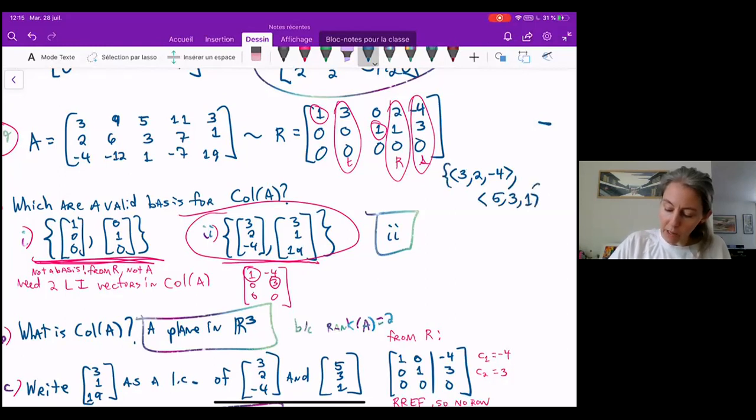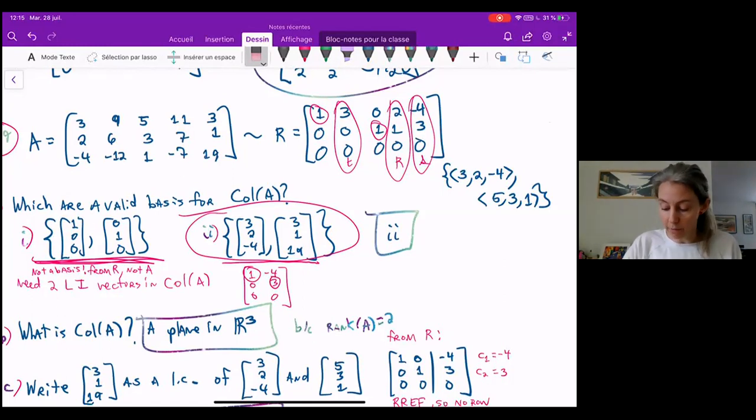But a lot of times I ask you to find another basis for the column space. This basis has 2 vectors in it, and those 2 vectors are linearly independent. They have 2 pivots. So you just need to find any 2 vectors that have 2 pivots, and that will act as a basis for the column space. So 2 is just another basis for the column space.